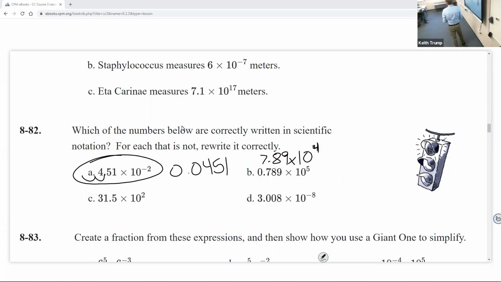Okay, moving up to the next problem. We've got a number that is not between 1 and 10. And so what we need to do is put the decimal right here to make it between 1 and 10. Again, if you can see what the new exponent should be, that's great. If you can't, then just write it out in standard notation.